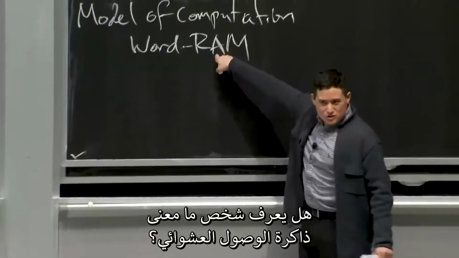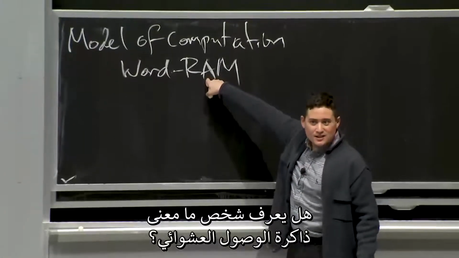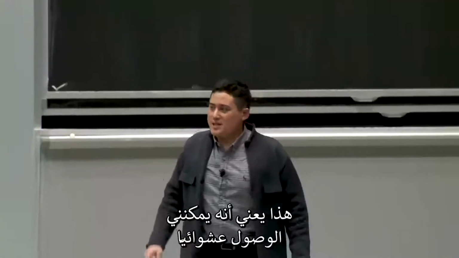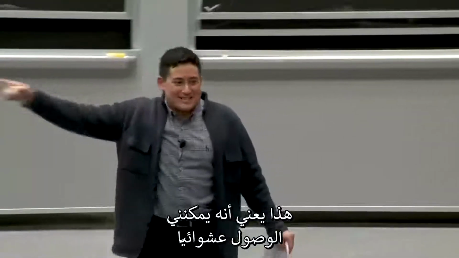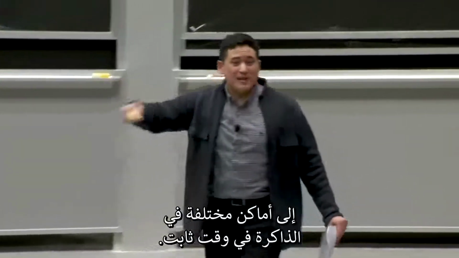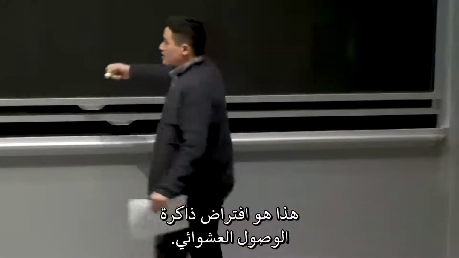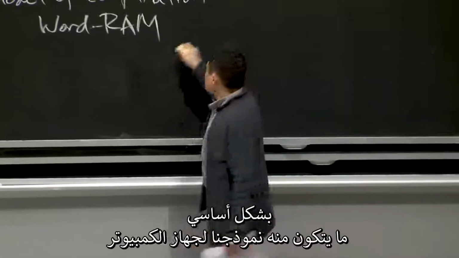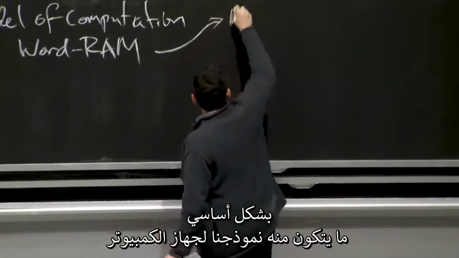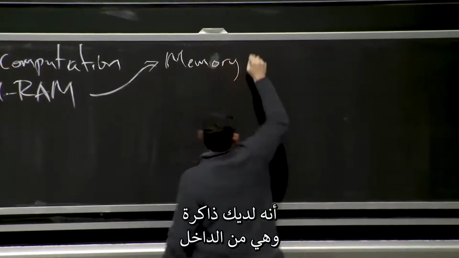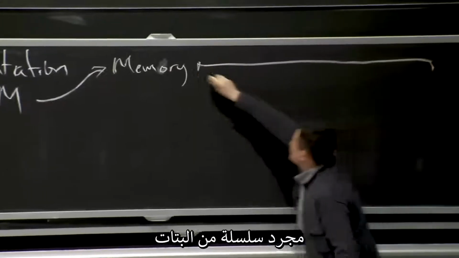It means I have, does someone know what RAM means? Random access memory. It means that I can randomly access different places in memory in constant time. That's the assumption of random access memory. Basically, our model of a computer is you have memory, which is essentially just a string of bits.